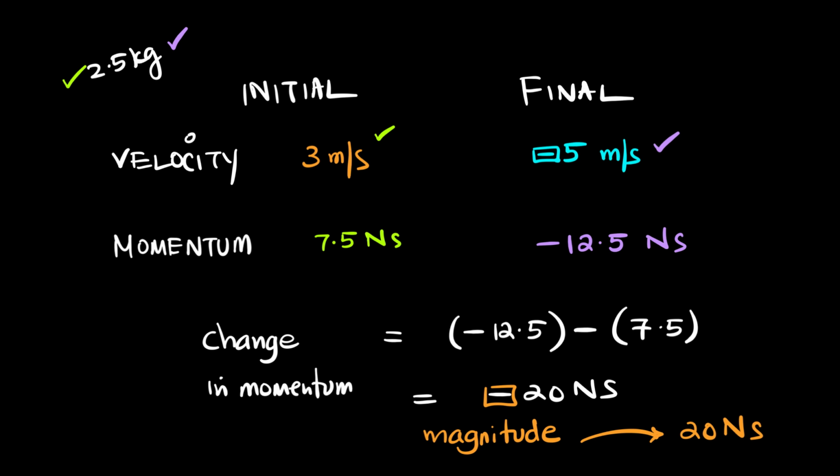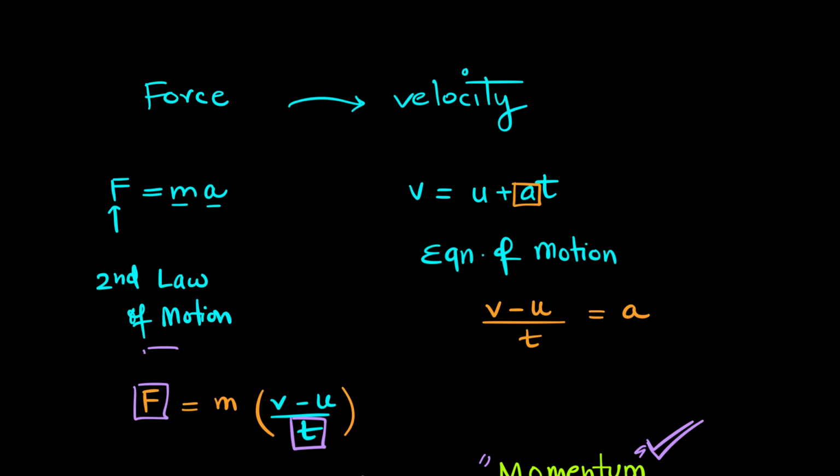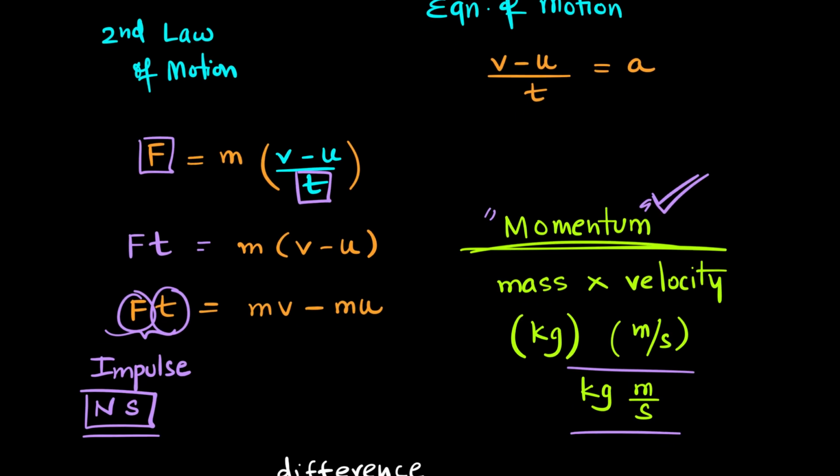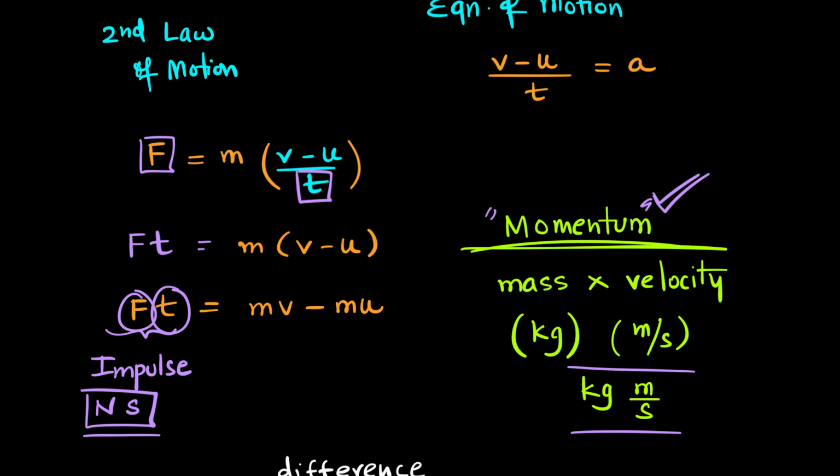So what have we learned in this particular video? We have learned the idea that force is required to change the velocity of an object. We took the equation F equals ma, which is derived from the second law of motion. We took the equation of motion v equals u plus at. We made a the subject, and then we made a single equation without the a.